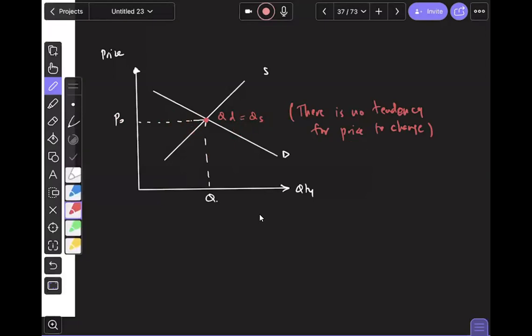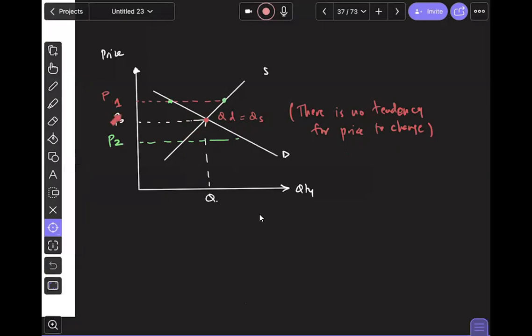A disequilibrium can exist because the price is either too high, like P1, or too low, like P2. Why are they called disequilibrium? If the price is above P naught, like P1, then at P1 your QS is greater than QD.